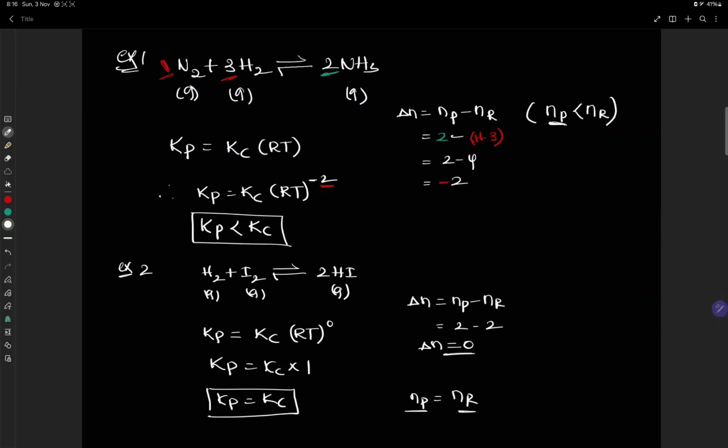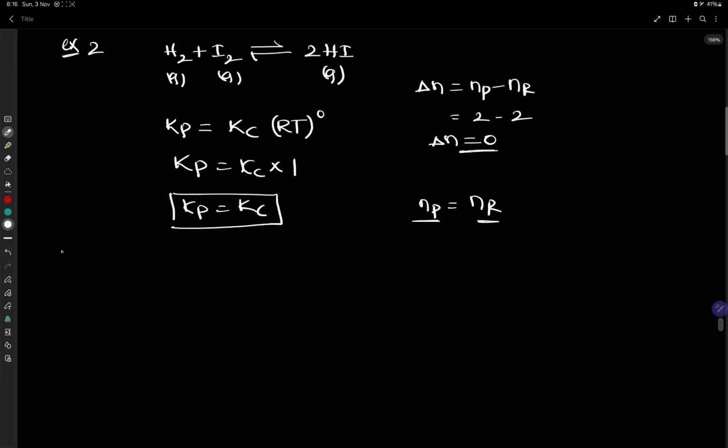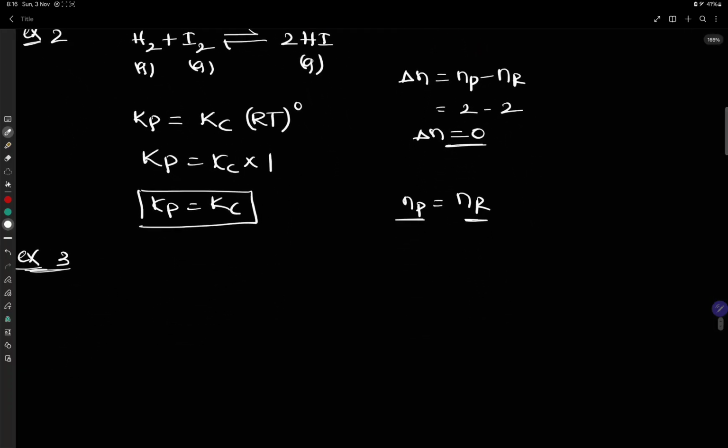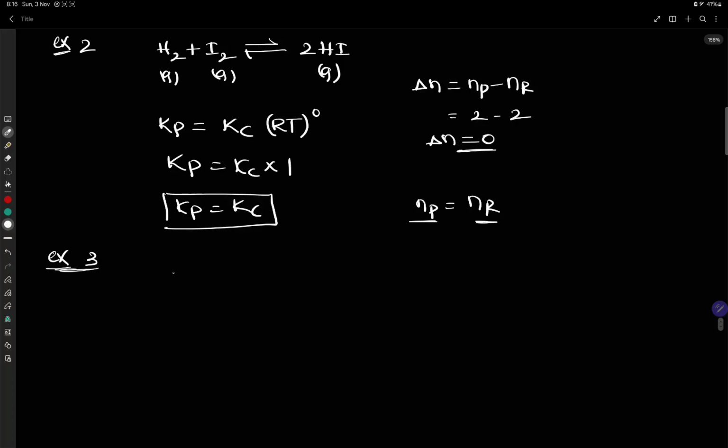See that example also. Example 3: the condition Kp greater than Kc, where the number of moles of gaseous products is greater than reactants. PCl5 gas gives PCl3 and Cl2, the decomposition of phosphorus pentachloride.